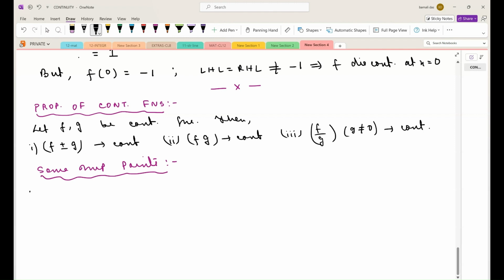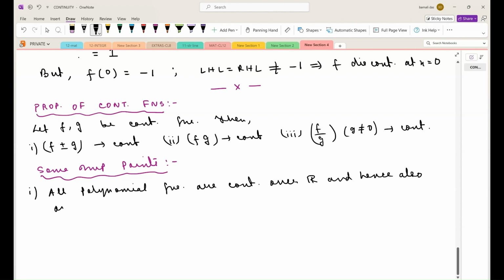That is, number one, all polynomial functions are continuous over R, and hence also over any real intervals, that is, subsets of R.